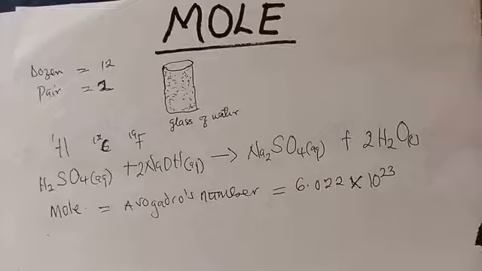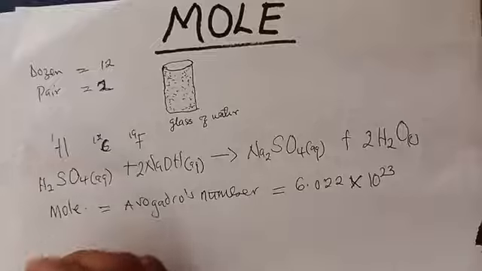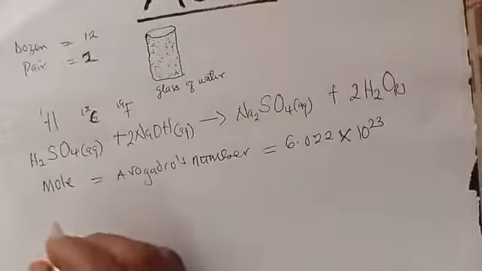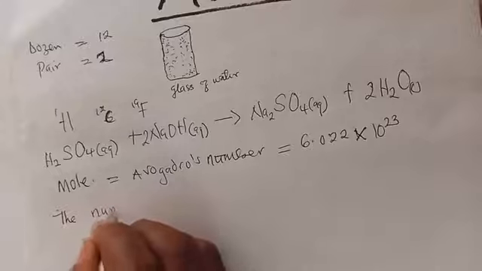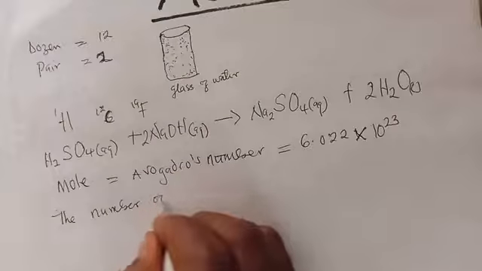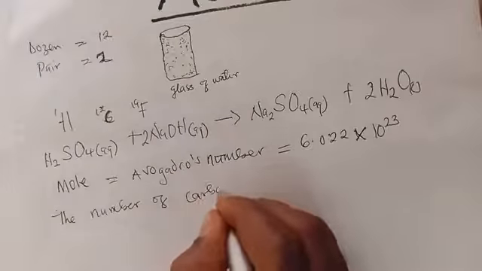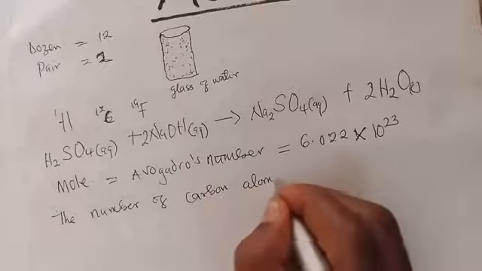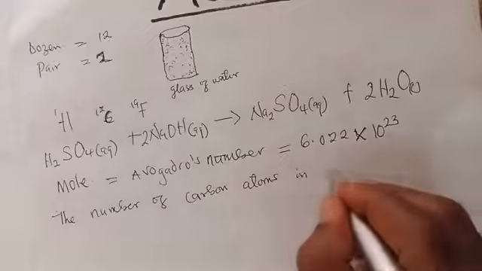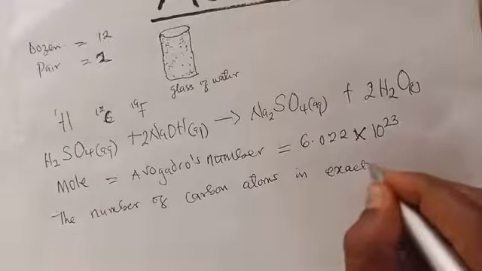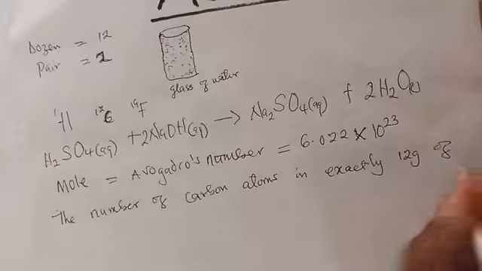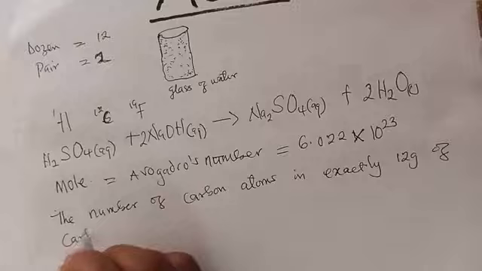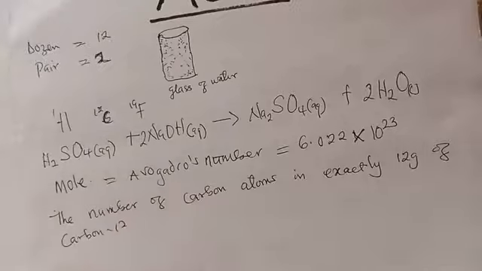And what is this number? This number is simply the number of carbon atoms in exactly 12 grams of carbon 12.